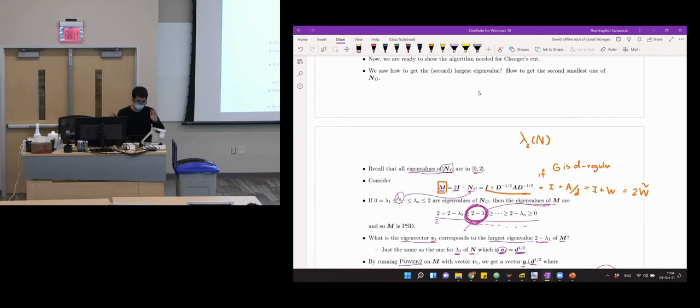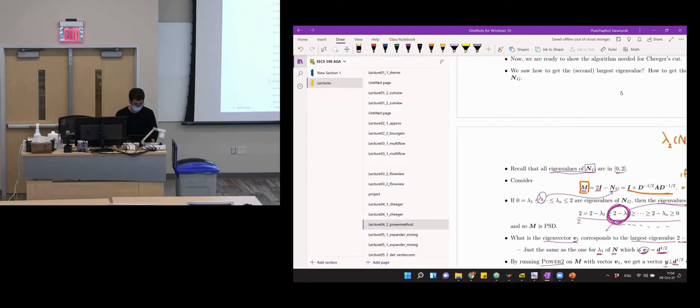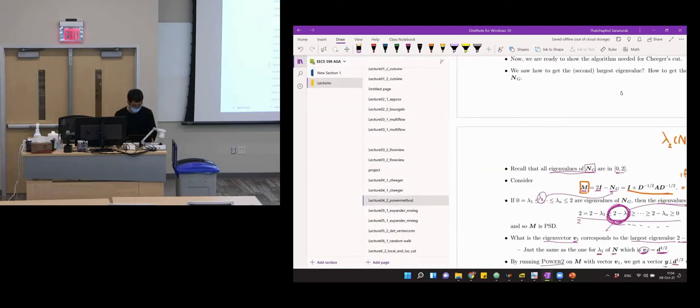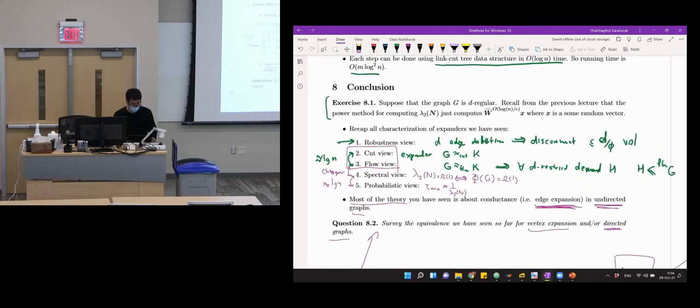This is just to make the connection that you can view the power method as some steps of doing a lazy random walk if the graph is D-regular. Okay.